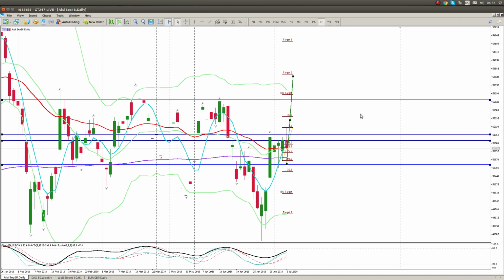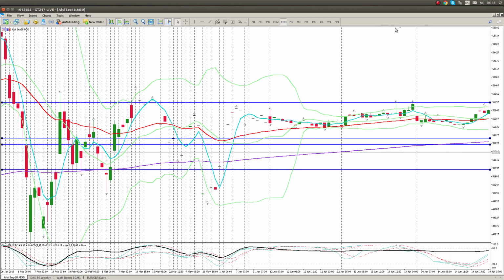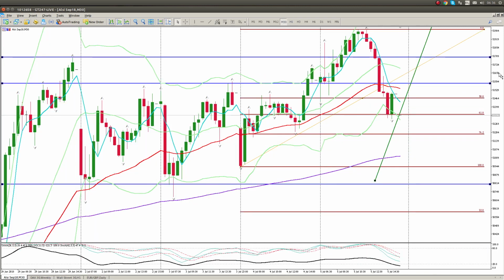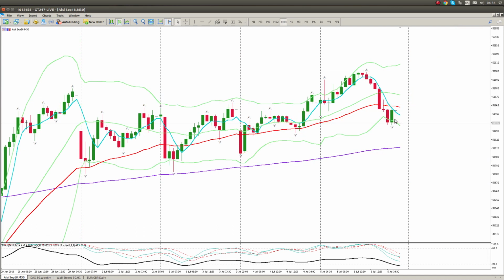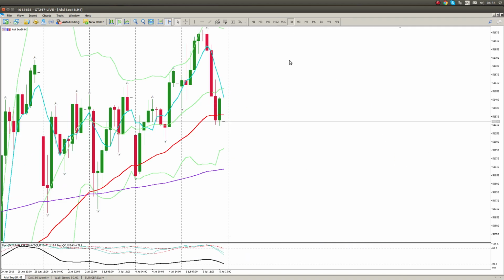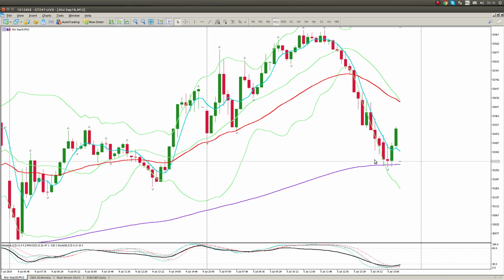So that's my take for the day. I'm looking for longs, and looking for longs in the level that we're at, or alternatively at the bottom of this range again. But this 200 moving average on the hour and on the 30 minutes and on the 12 minutes is going to hold up price as it has here.